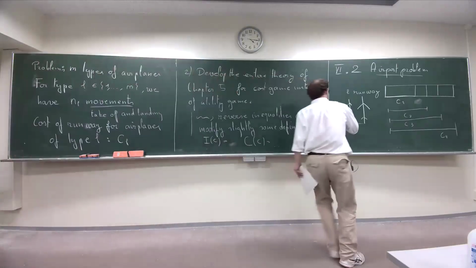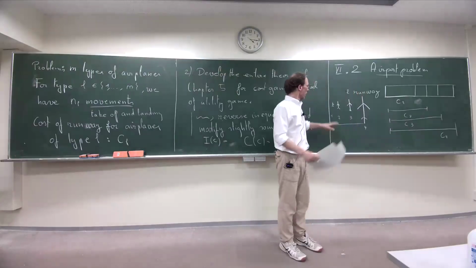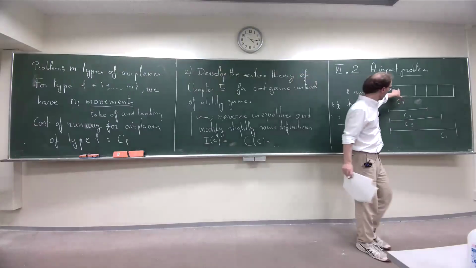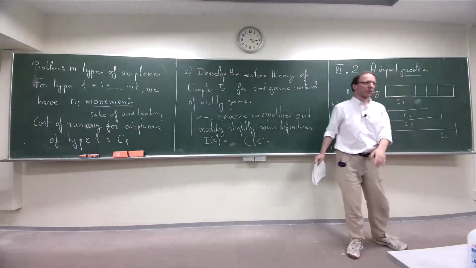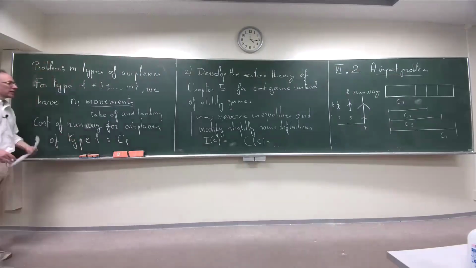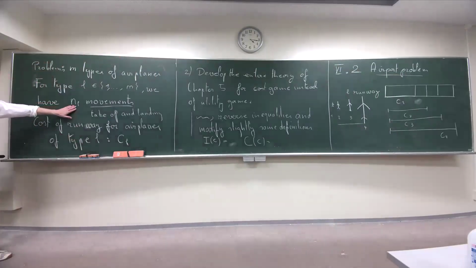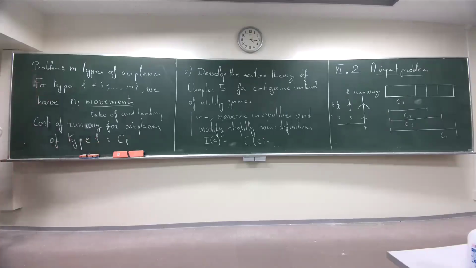So this is C1, C2, C3, C4. Then for the smallest one, you need this length of a runway, for the next one C2, C3, C4. So these are the ingredients: N_L movements for type L of airplane, and the cost for the corresponding runway is C_L.